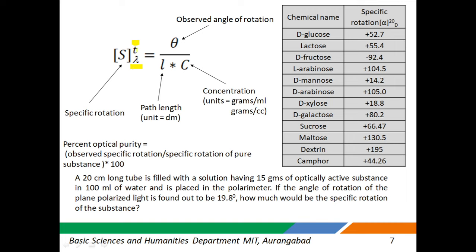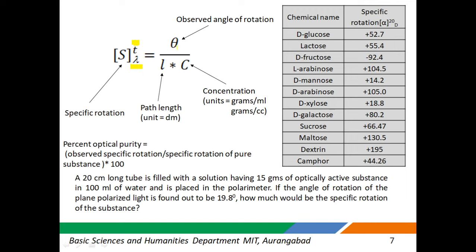So when we denote this specific rotation, it is to be mentioned that this S is measured for this wavelength and at this temperature, because the specific rotation measured at different temperatures may vary for some substances, and at what wavelength it is measured, that also is going to change. So therefore we need to mention these two things.